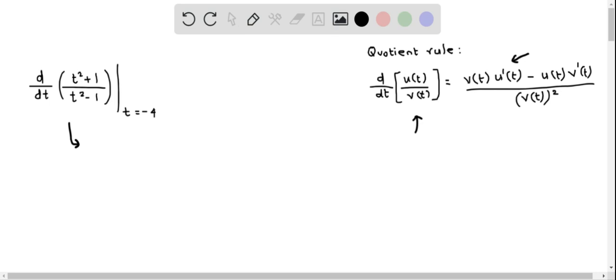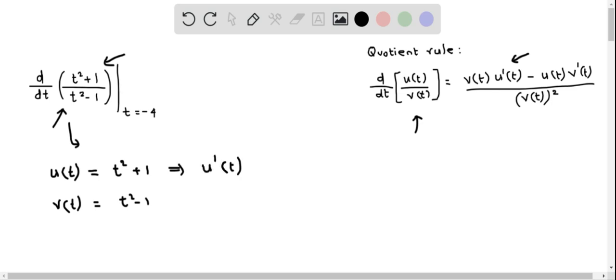So first, let's consider the numerator term, that is t squared plus 1, as u of t. So u of t equals t squared plus 1, and the denominator expression we can consider as v of t. So v of t equals t squared minus 1. Now we find the derivative of u of t, which is u prime of t, and when we apply the power rule we get the derivative of t squared is 2t, and the derivative of plus 1, which is a constant, is 0.